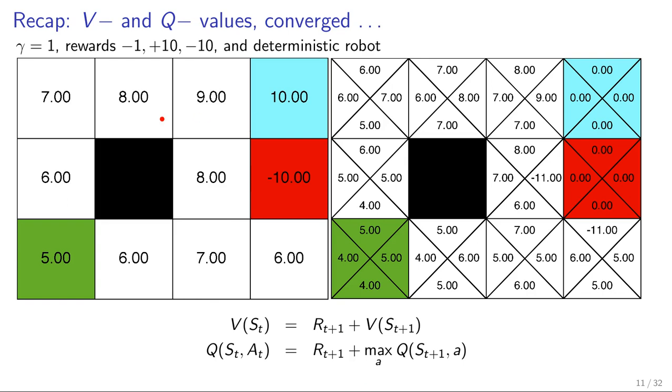So just to recap, the value of a state is the expected sum of future rewards that may possibly be discounted. In this case, they are not, since gamma is 1. In this case, the robot is deterministic. It may not be deterministic. These are, by the way, things that you should really be clear about. So yeah, this could be relevant for the exam.